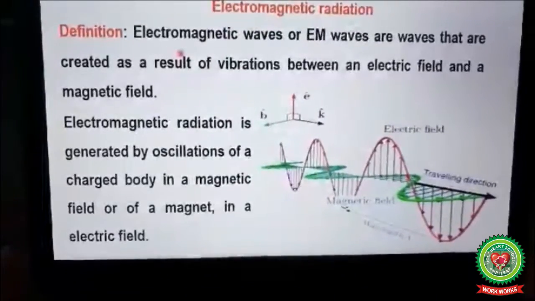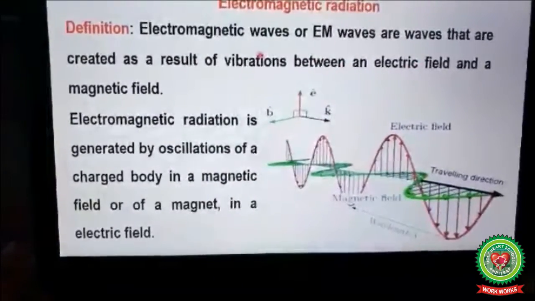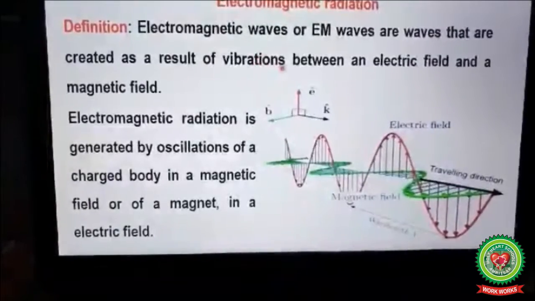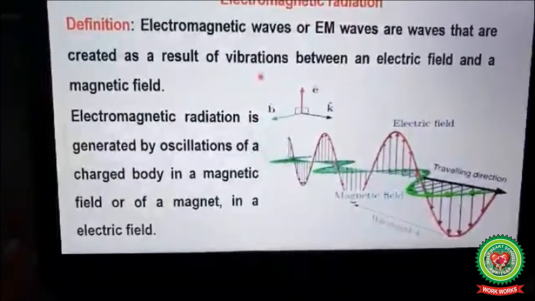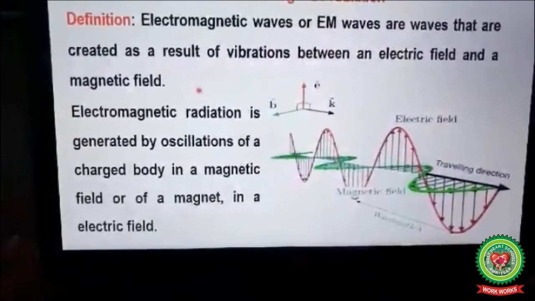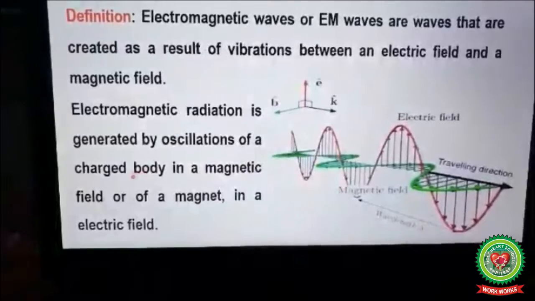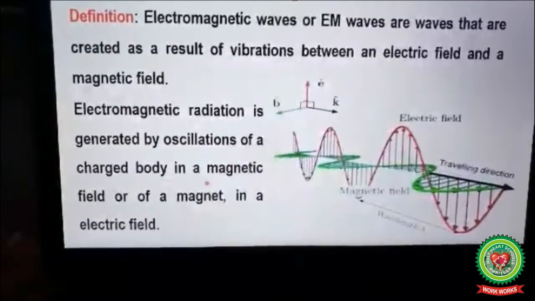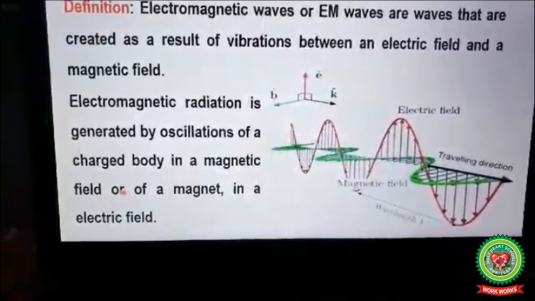Electromagnetic radiations or waves are the waves that are created as a result of vibrations of electric and magnetic fields. So basically there are vibrations which occur in the electric field and the magnetic field. How could we generate them? If a charged body is kept in a magnetic field, then electromagnetic radiations can be generated.